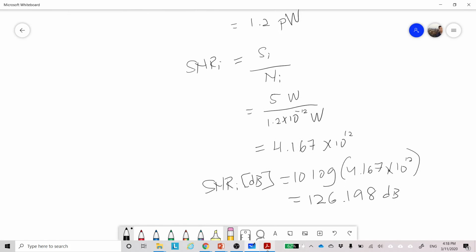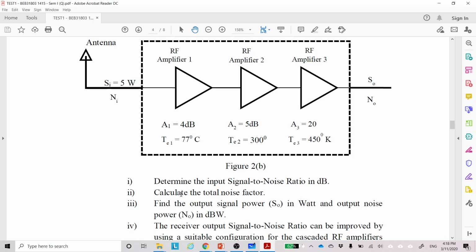And then soalan yang kedua, calculate the total noise factor F total. Macam mana pula? In order to find the total F, you need to find how much is the noise factor F for each amplifier.